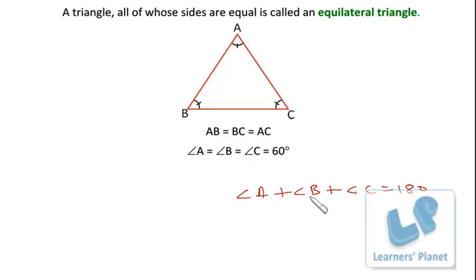Since all of the angles will be equal, I assume angle A is equal to x, then angle B will also be x, angle C will also be x. So x plus x plus x, 3x is equal to 180 degrees. That means x is equal to 60 degrees. That means if it is an equilateral triangle, each angle will be 60 degrees. That's really important. So in an equilateral triangle, the three sides are equal and each angle is 60 degrees. Okay.